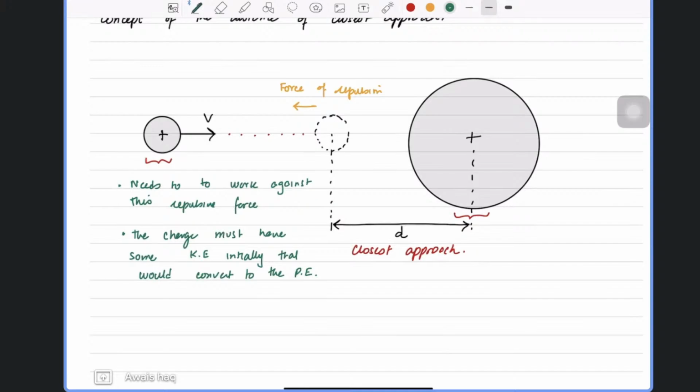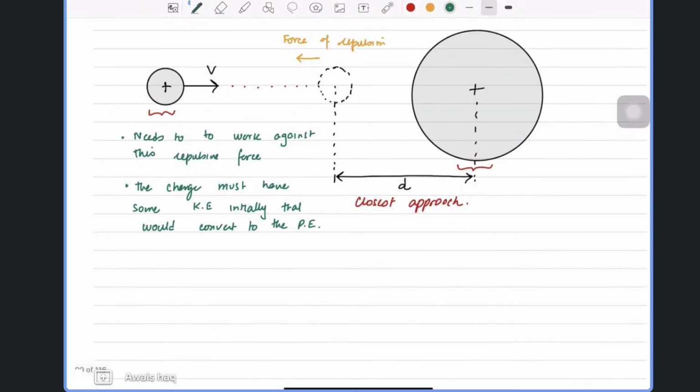So then we should realize that because we have come to this conclusion that kinetic energy is going into potential energy, and kinetic energy is given by half mv square, and potential energy is given by change in electric potential times charge, like that.